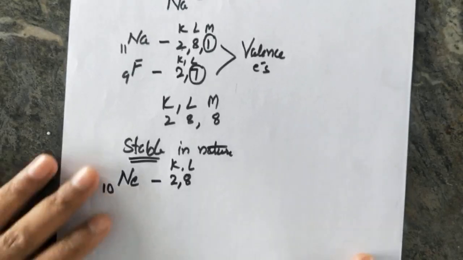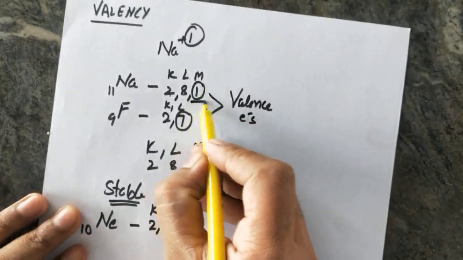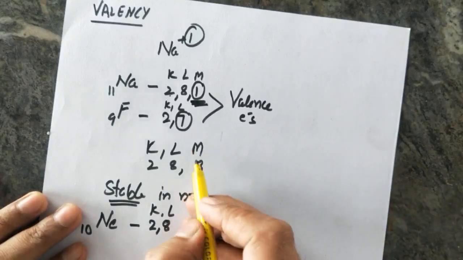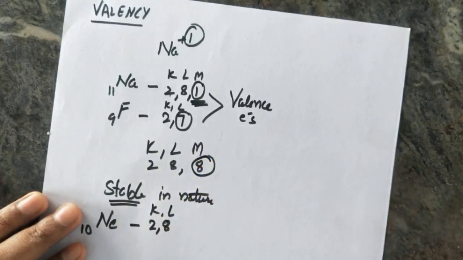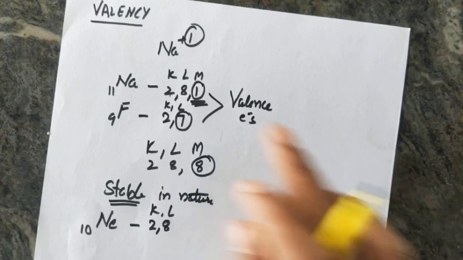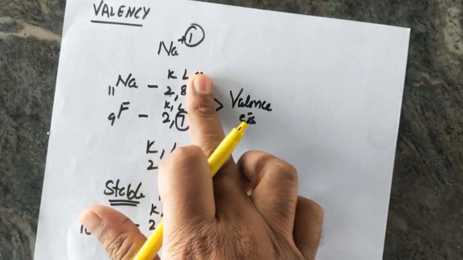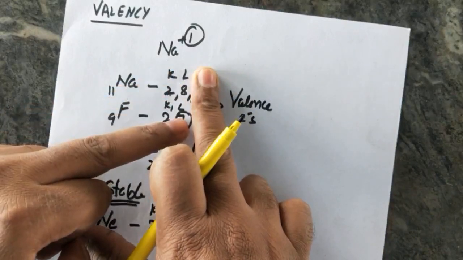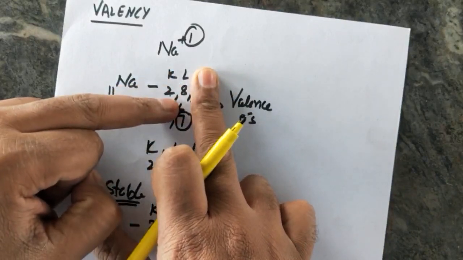For example, in case of sodium, there is only 1 electron in the outermost shell. We know that in M shell, a maximum of 8 electrons can be present. That means in order to attain stability, sodium will have to gain 7 more electrons. But if sodium loses this electron, its last shell will become the L shell, which already contains 8 electrons, so it has attained stability.